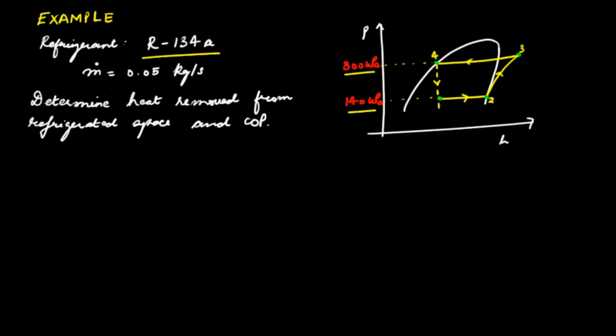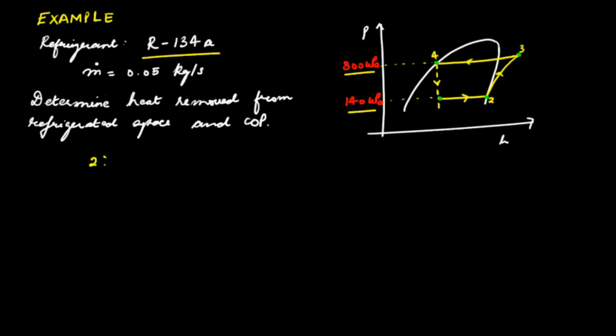Now, to determine the various properties such as enthalpies at all these states, first we need to identify the equilibrium state, and to uniquely identify the equilibrium state, we need 2 intensive properties. So let's do that analysis. So let's begin by looking at state 2.